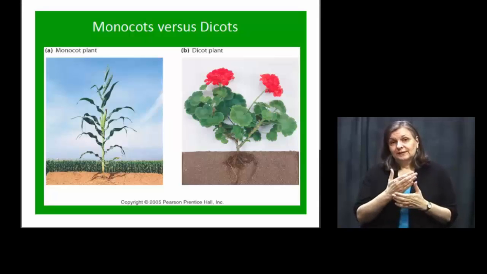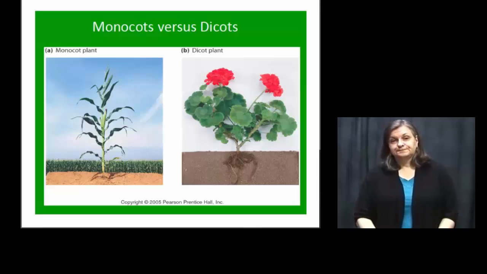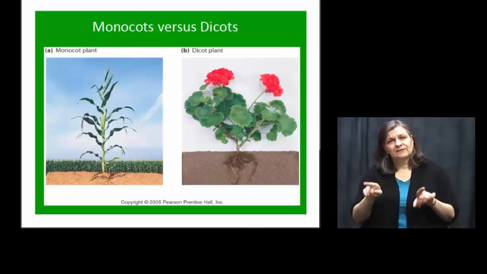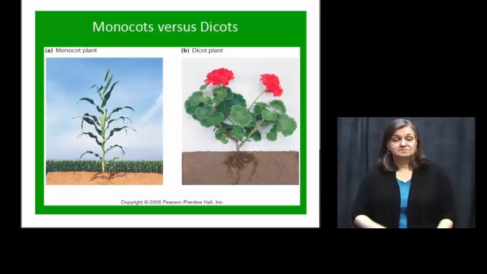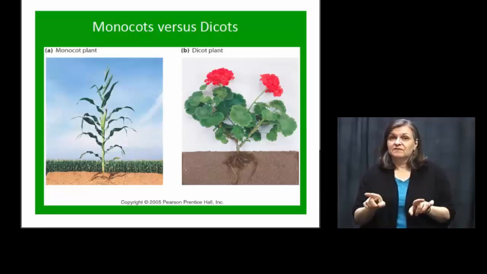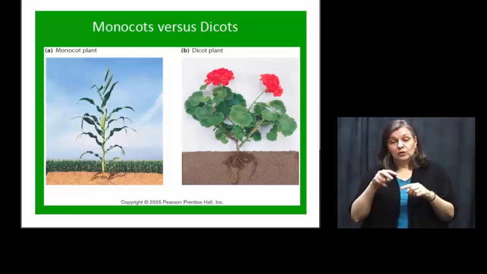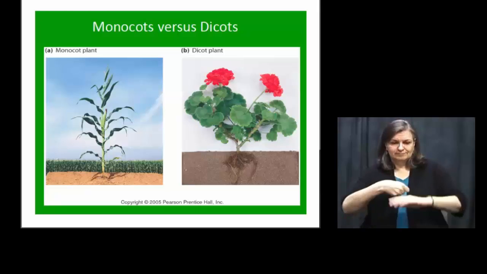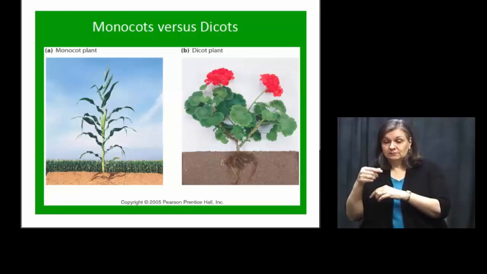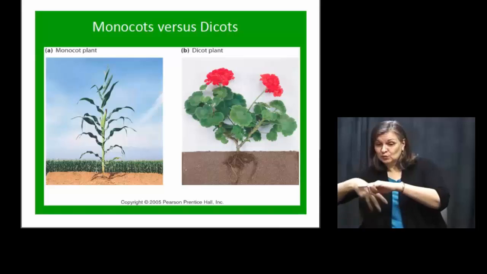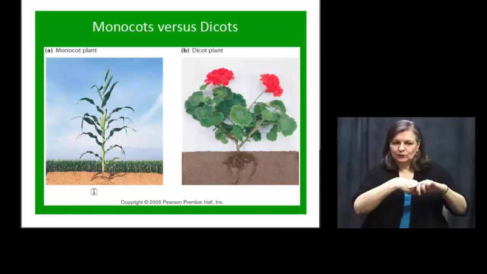Corn most certainly produces a flower. So we'll have to consider that. What else is different? Well, the leaves are different. They're taller or shorter. We can look at roots as being different. You can see the roots on the geranium, but you can't see the roots on the corn plant. We'll show those to you later.